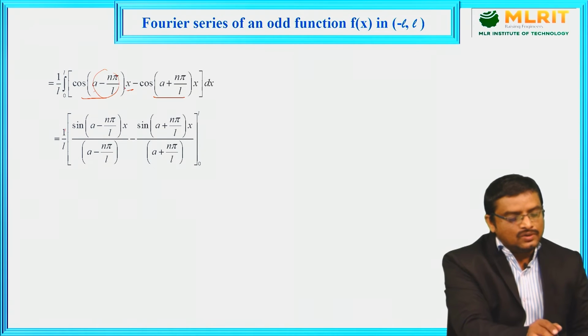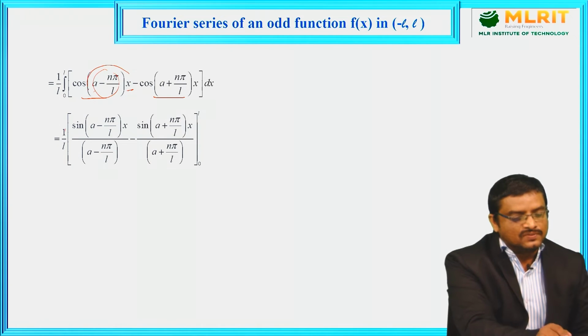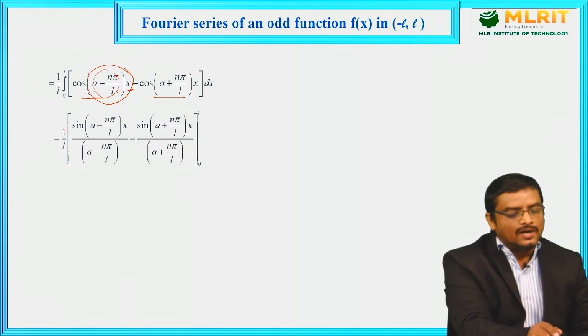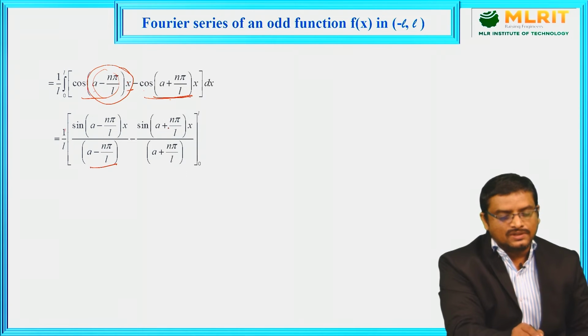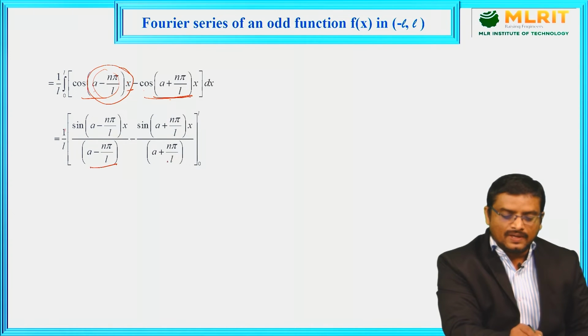Once again, apply the derivative of the remaining function inside the cos and write the derivative value in the denominator. So you will get a minus n pi by L, which is a constant, and the derivative of x is 1, into this coefficient. We will get this one, minus, similarly find the integral of cos of the second term. You will get sine of a plus n pi by L by this one.